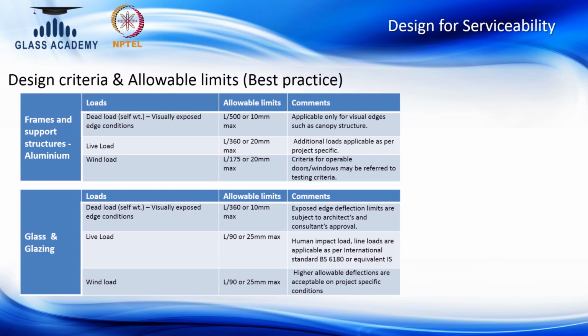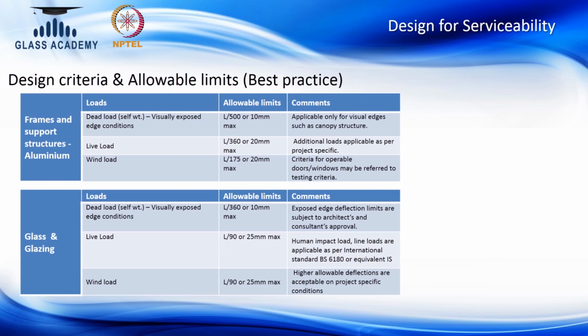Wind load for frame elements is given as an allowable deflection criteria, span over 175 or 20 mm maximum, but again this depends upon where it is used, for a window system, or if it is used on a curtain wall system, this is different.